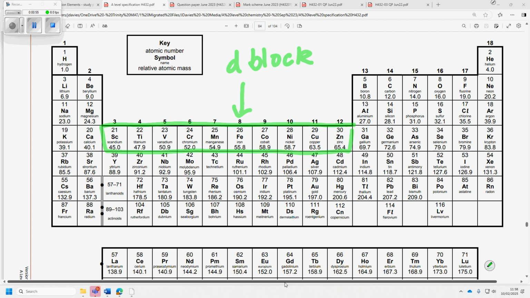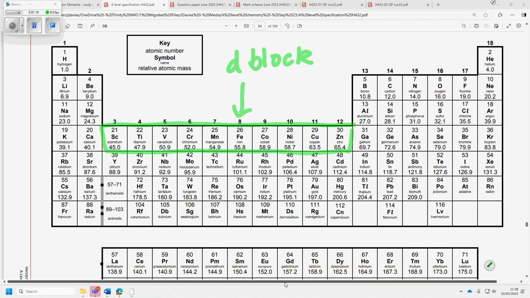Well, elements that are D block have electrons, the highest energy electrons, in the D subshell, or in D orbitals. So, all of these, when we write the electronic configurations, we'll find that the last thing that we write is going to be D something or other.